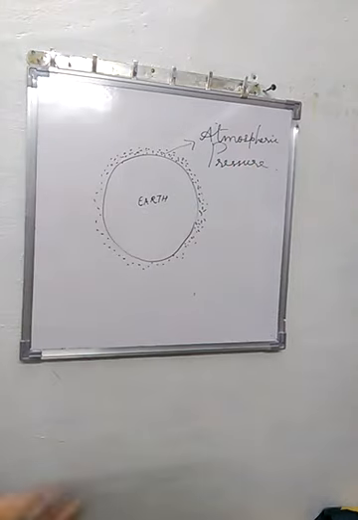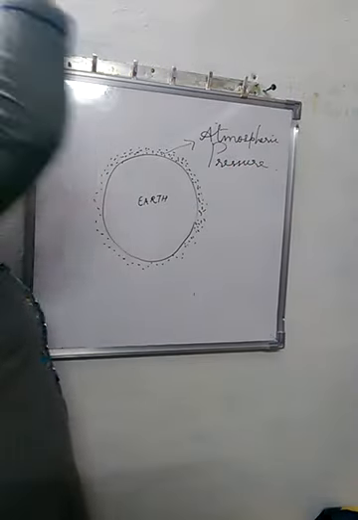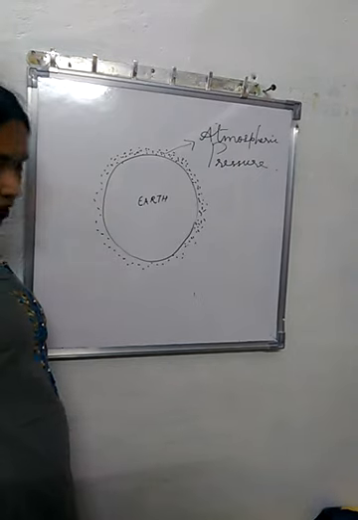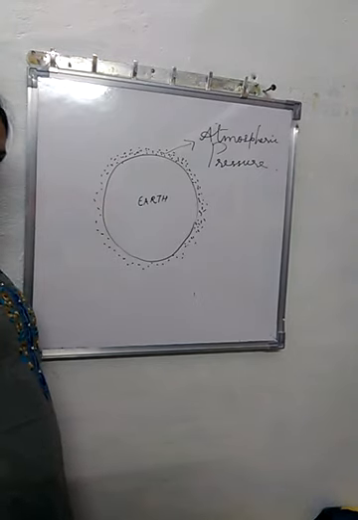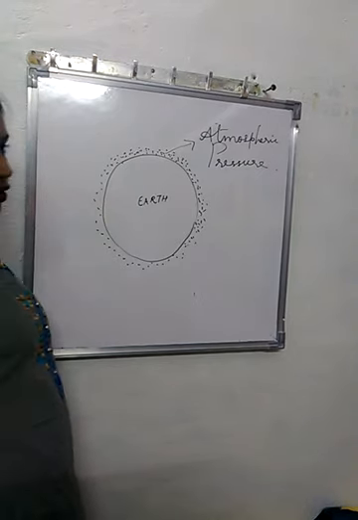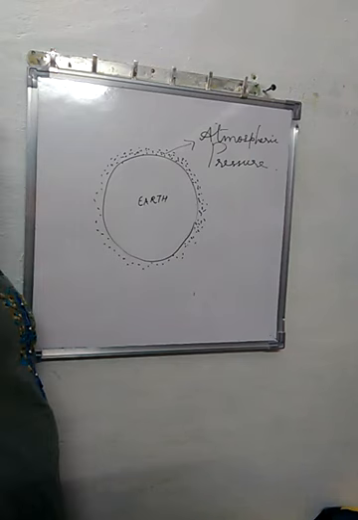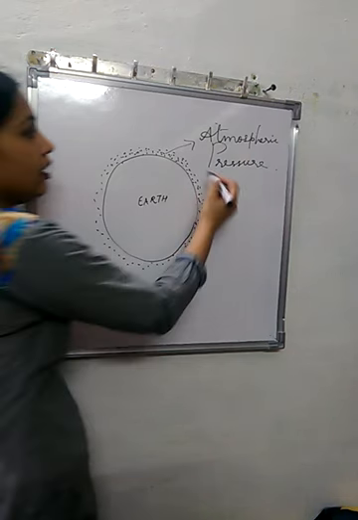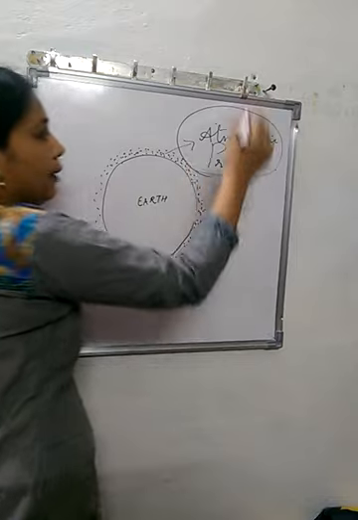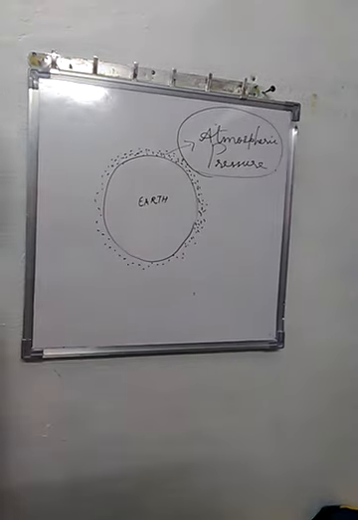Okay, that means there is a pressure on your head, the pressure of the air, the force which is acting per unit area on your head. Yes, that is the atmospheric pressure.